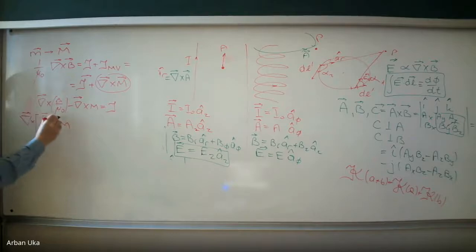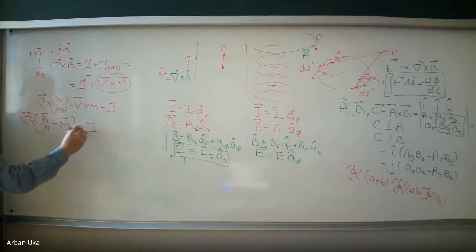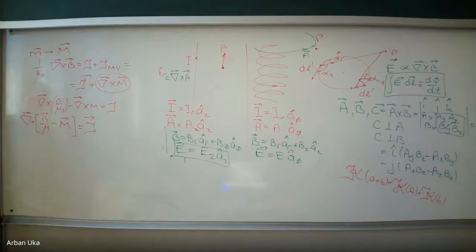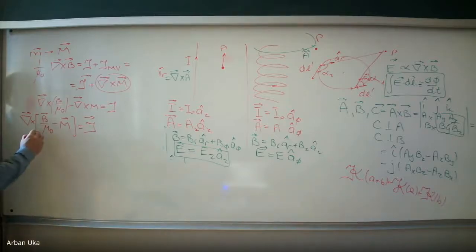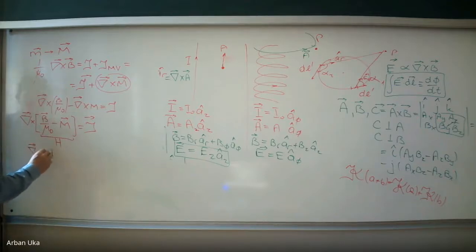So now we subtract the magnetization vector from B divided by mu 0, and this whole new term we can write as H, which is the magnetic field intensity. And at this stage, we just do the curl of H. This is equal to J.